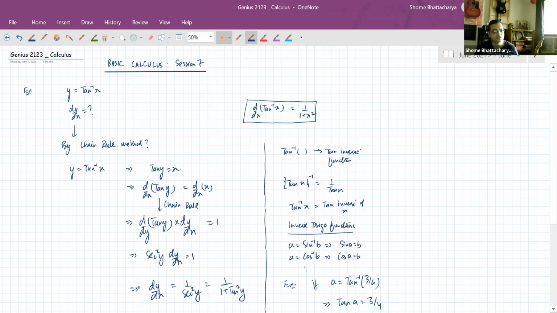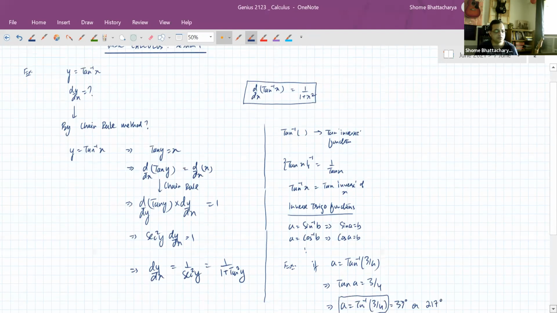Now why do I need to do this step? Because I have expressed dy by dx in terms of y. I need to express it in terms of x. So I need to resubstitute y in terms of x. To resubstitute, I need to use this, that tan y is equal to x.